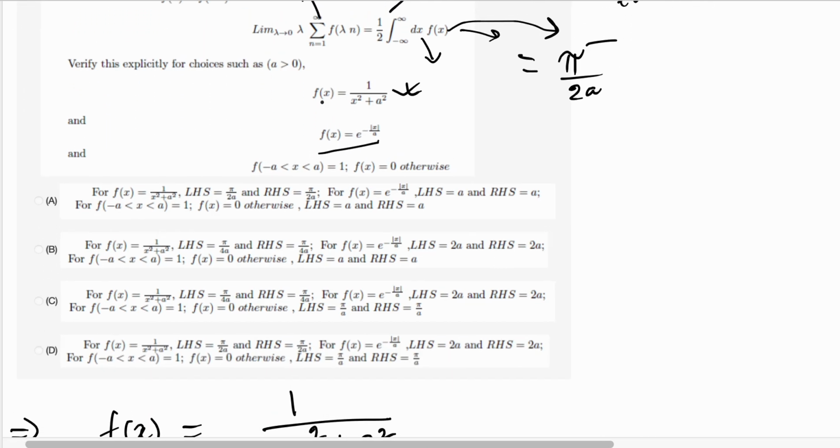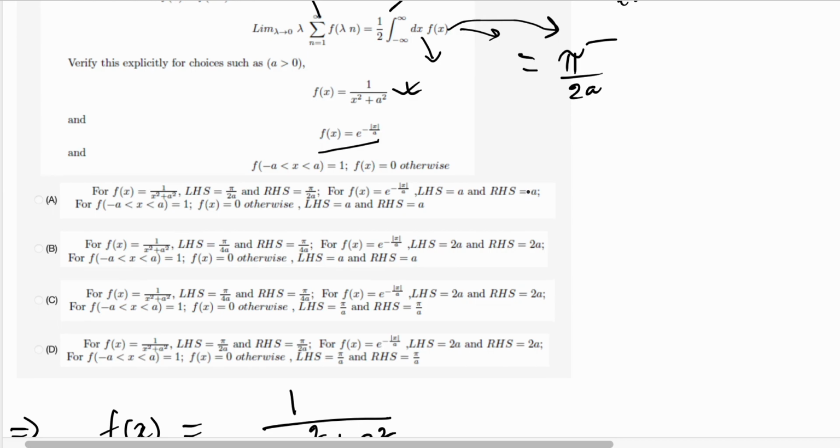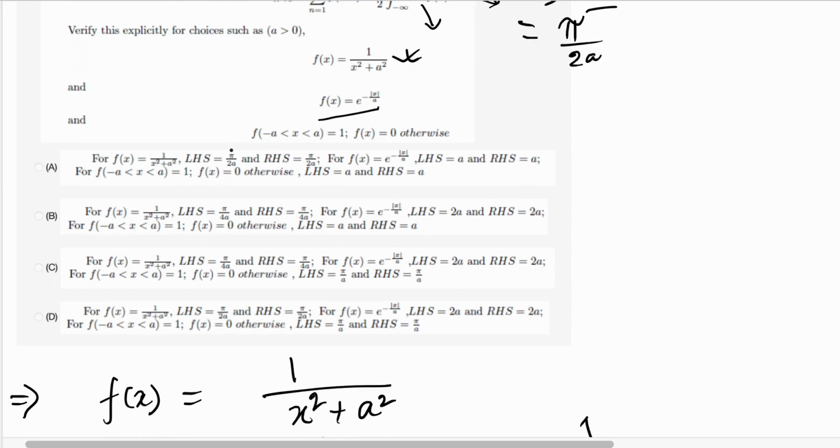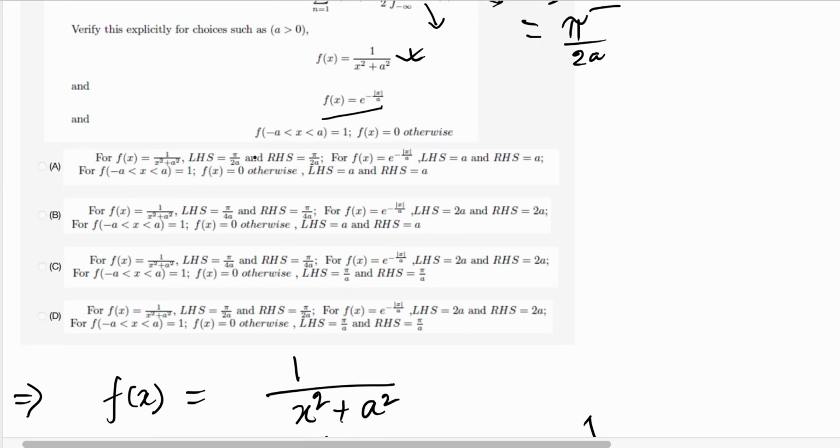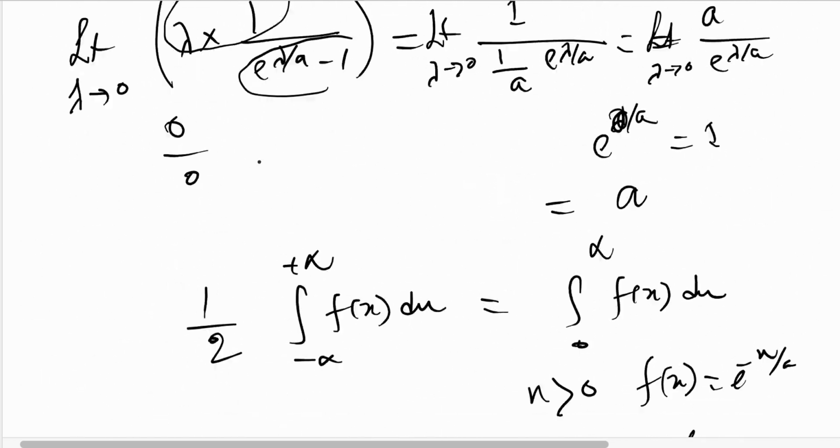And the third case, so what is matching here: for the first function, the left hand side is equal to pi by 2a and the right hand side is equal to pi by 2a; for f(x) equal to e to the power minus x by a, the left hand side is equal to a and the right hand side is equal to a. We have to see the last one: what is the form of the function?